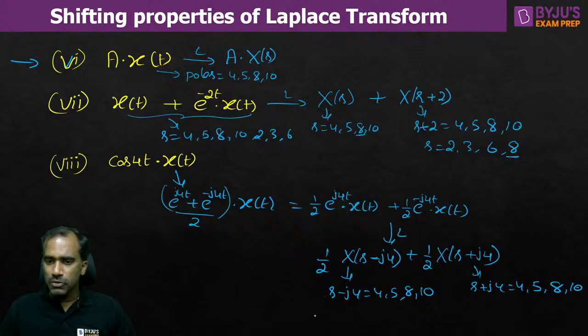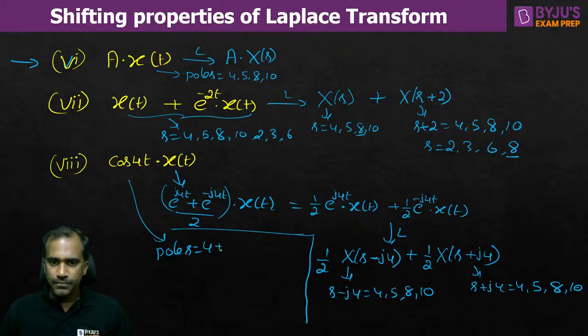So finally, the new poles of this function are 4 plus j4, 5 plus j4, 8 plus j4, 10 plus j4. These are the poles of this function.